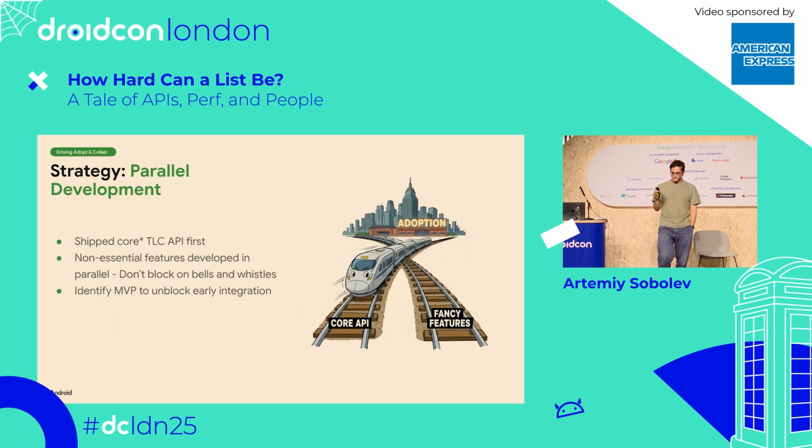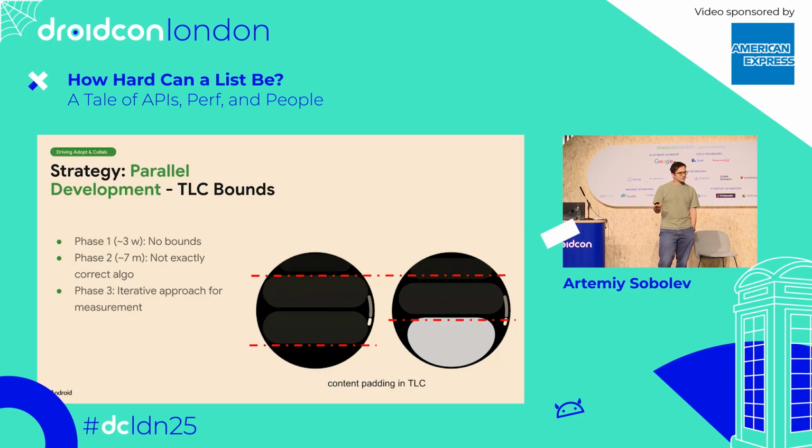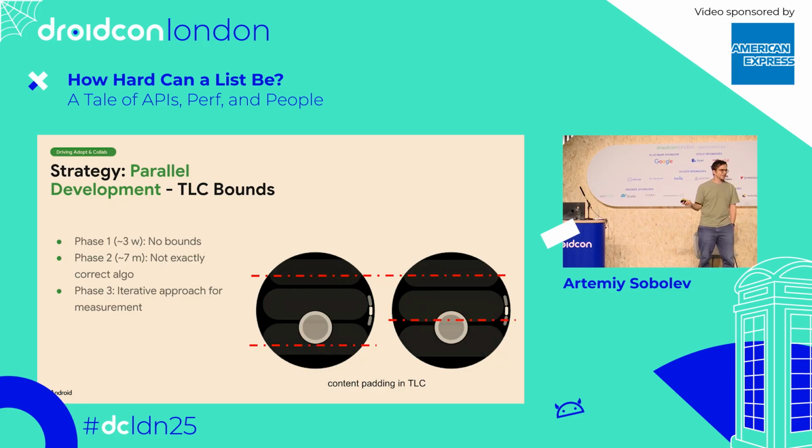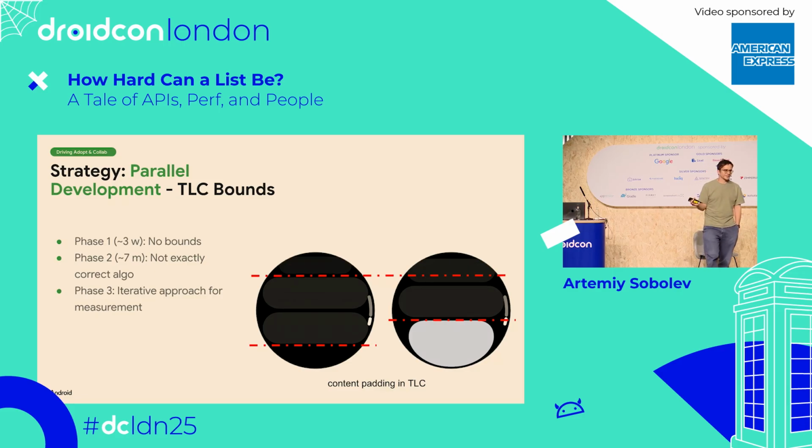You can postpone developing or releasing some features that don't require your clients to change code for later, and having MVPs for unblocking the early integrations. For example, this bounce problem is one of the most complicated things of the TLC. What are the bounds of the list?